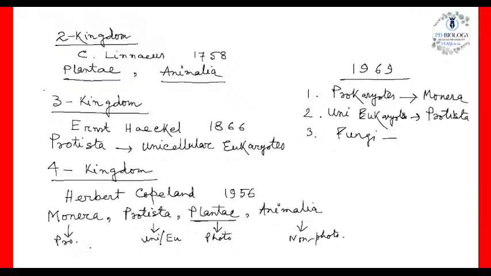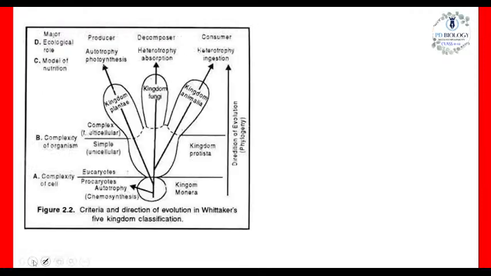So now we are moving to the detailed structure of the five kingdom classification. Look at here. This is the prime thing we have to understand with a very clear concept. So, first thing, what are the criteria? This is the first criteria, that is complexity of cell.